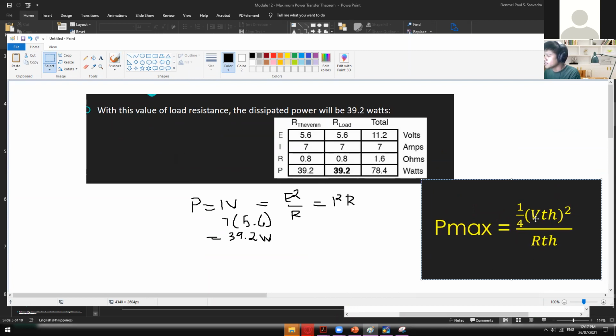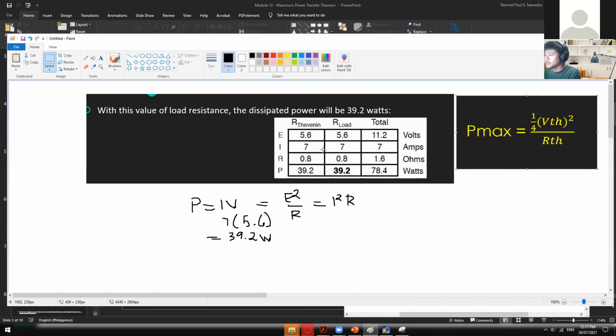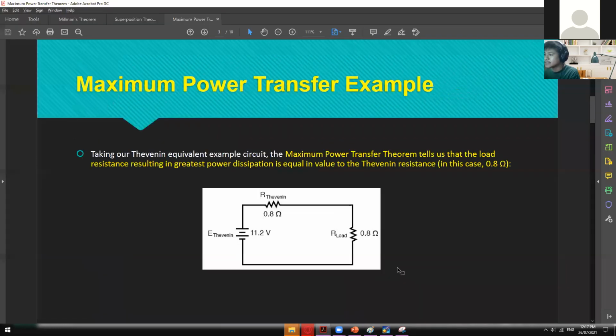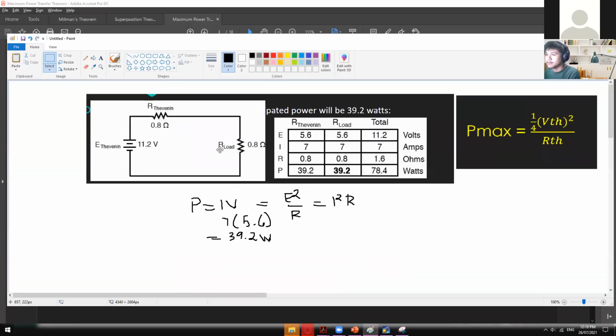The main advantage of using this one is you won't need the individual values for the voltages or the current. As long as you know the VTH and the RTH, you can already solve the Pmax of that circuit. So let me place it right here.